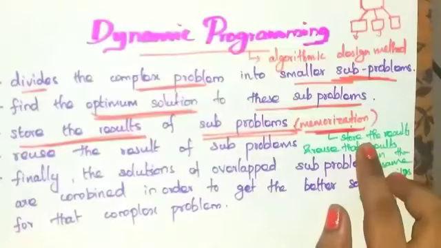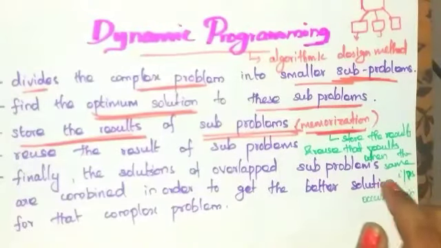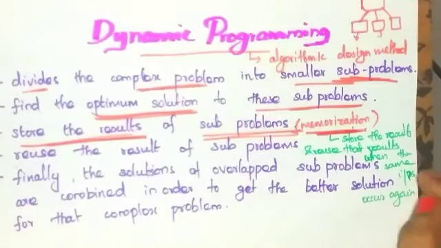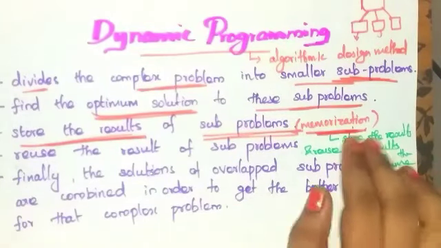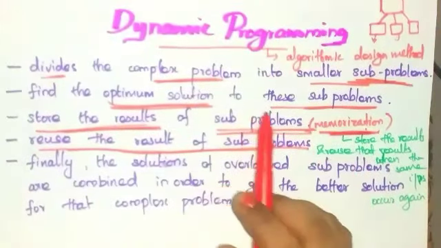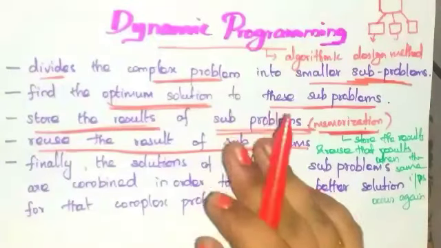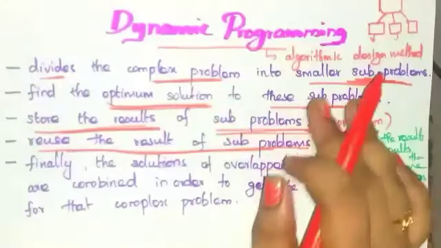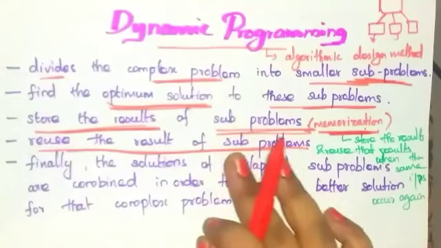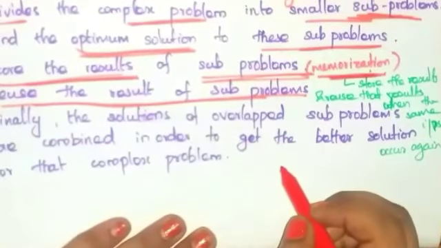It is used to store the results of subproblems and reuse those results when the same inputs occur again and again. Why are we reusing the results of subproblems? Because if the same subproblem comes again and again, you can take out the result of that subproblem and reuse it. Let us see one example.